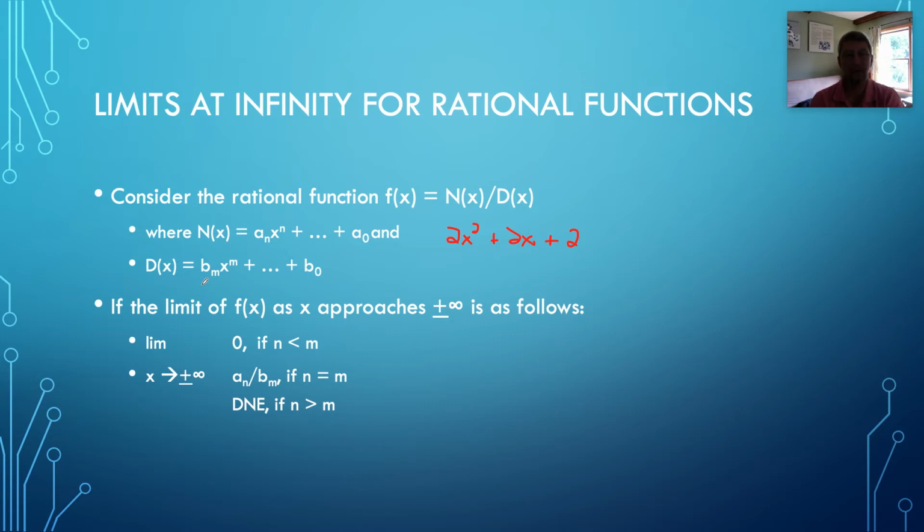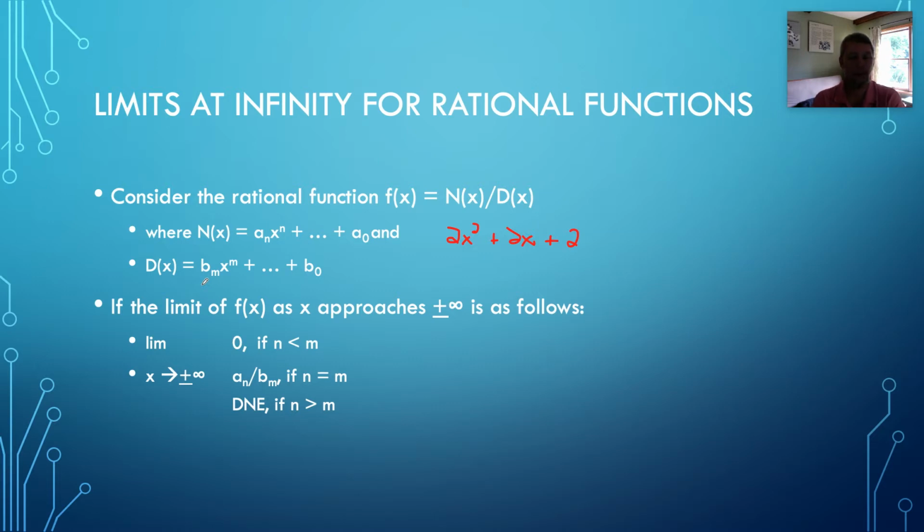So if we take the limit of f of x as x approaches infinity, the limit will be equal to 0 if the value of n is less than the value of m. In other words, the numerator will end up being a smaller power than the denominator.